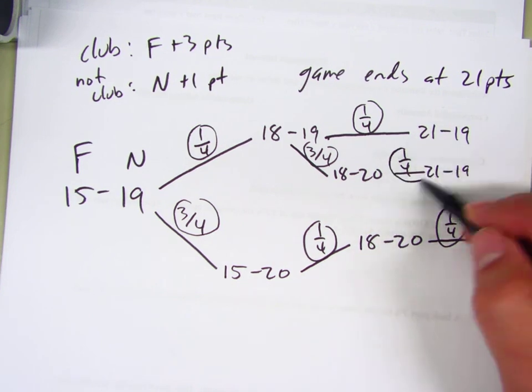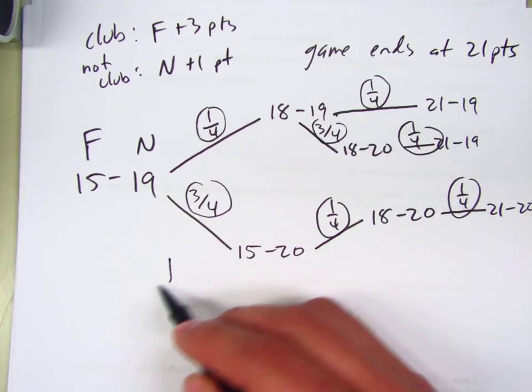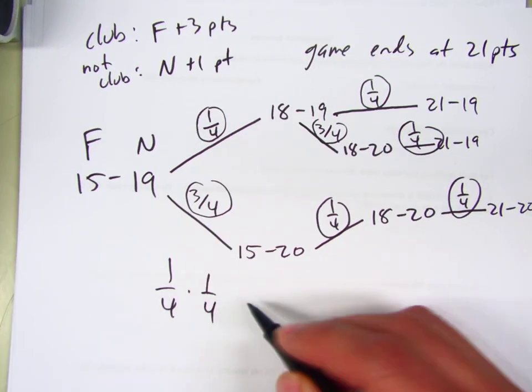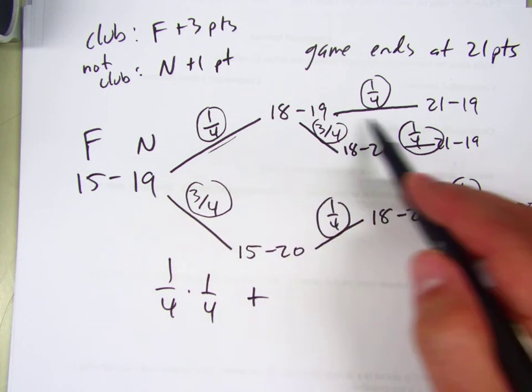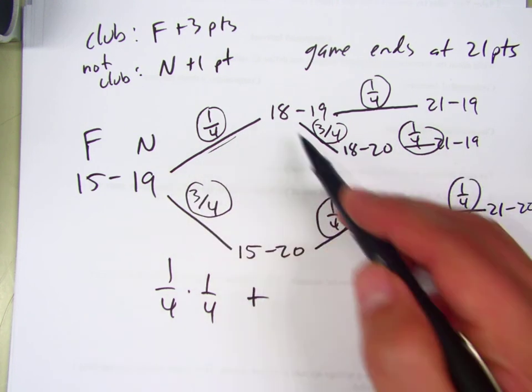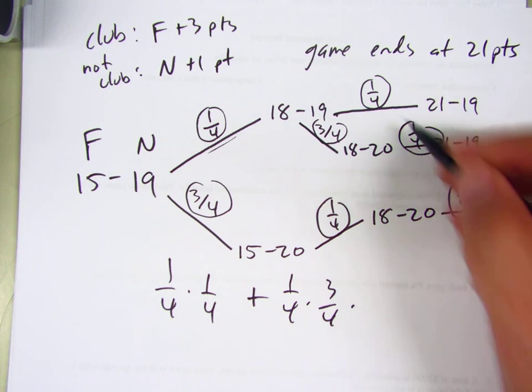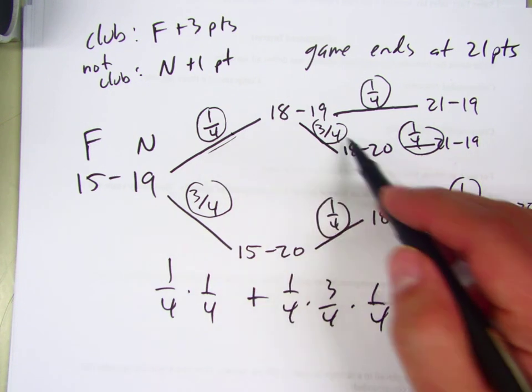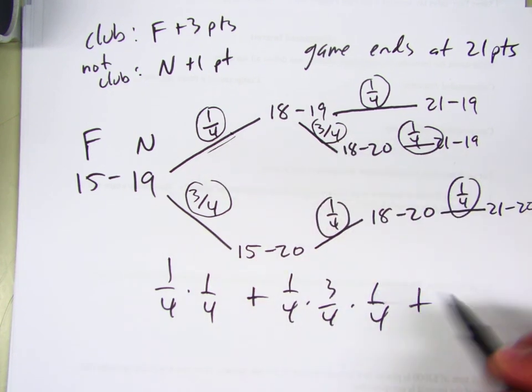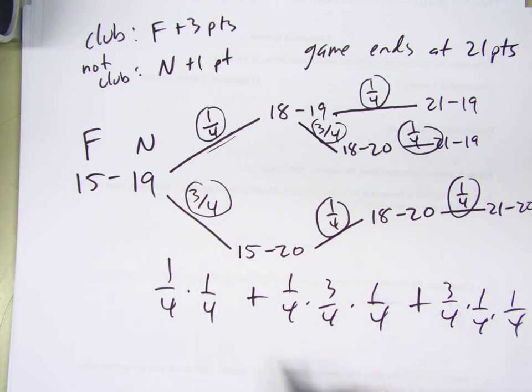So if you follow all these paths, the first path is 1/4 times 1/4. Do you guys see how I'm getting that? The second path is the zigzag that I drew: 1/4 times 3/4 times 1/4. So from here to there to there. And then the last path is 3/4, 1/4, 1/4.